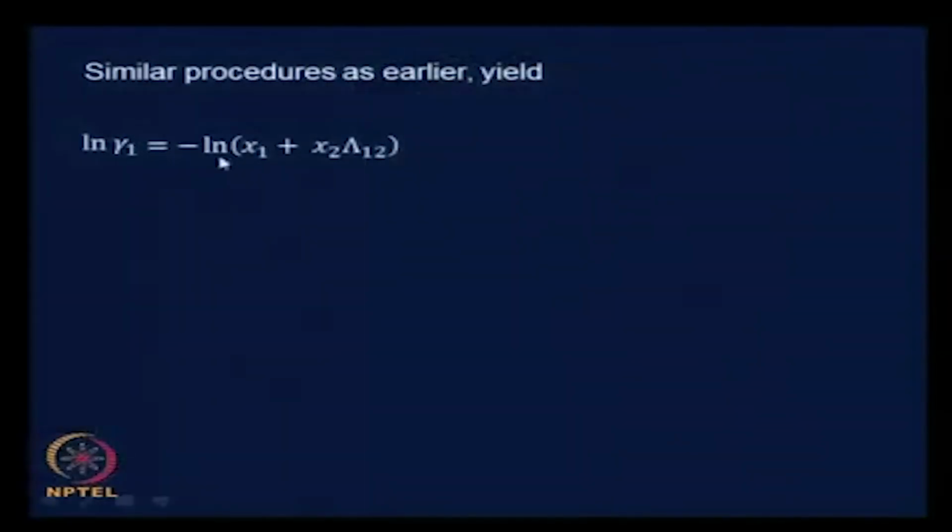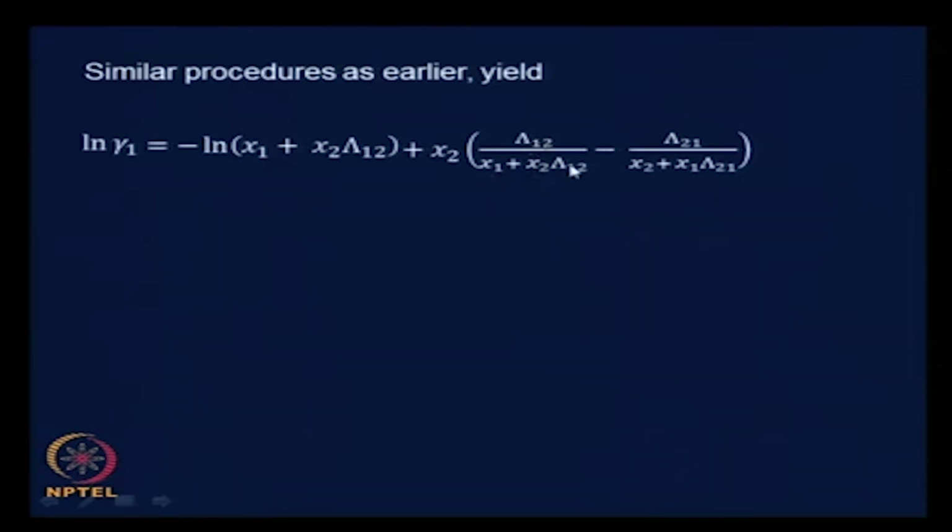So we do that, ln gamma 1 will turn out to be minus ln of (x1 plus x2 times gamma 12) plus x2 times [gamma 12 divided by (x1 plus x2 times gamma 12) minus gamma 21 divided by (x2 plus x1 times gamma 21)]. This is equation 443.